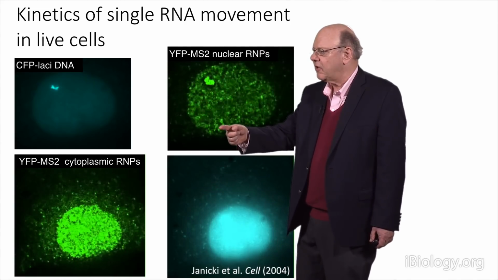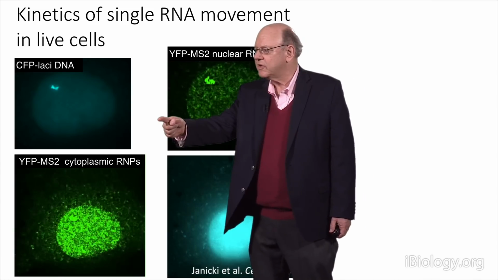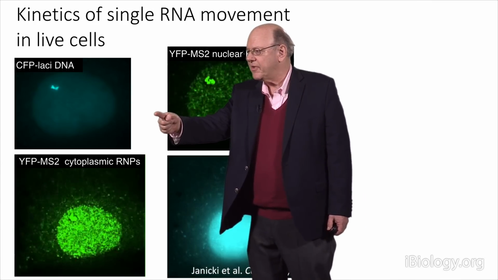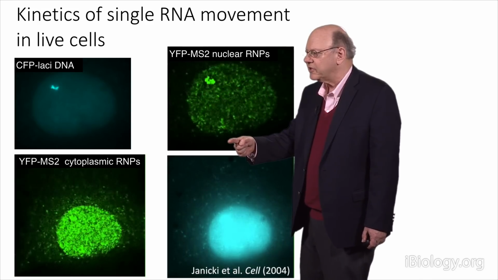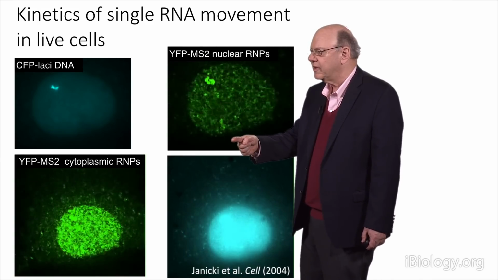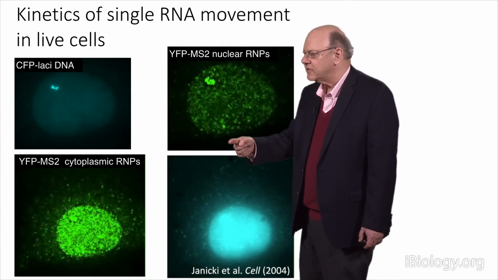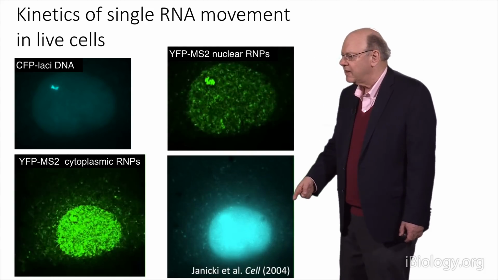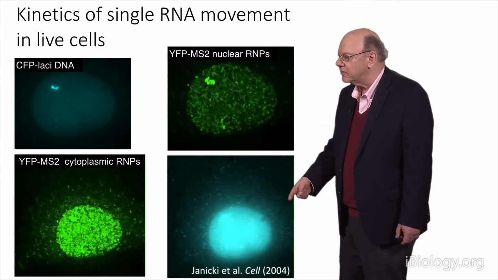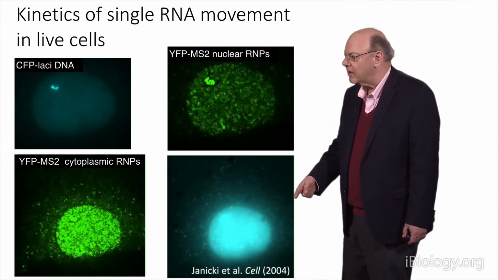The DNA itself doesn't change much. So you can see the DNA up there in the top left stays pretty much intact because it's tagged with a protein that binds to the DNA and not the RNA. And in this panel here, we're looking at proteins that have been made by the RNA.